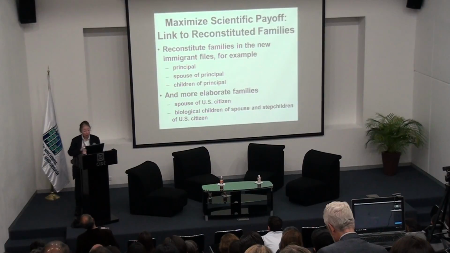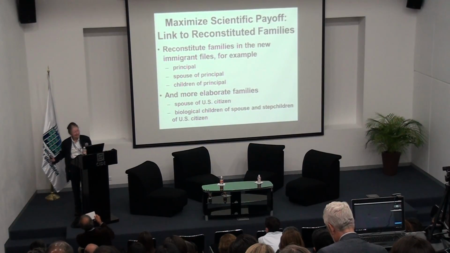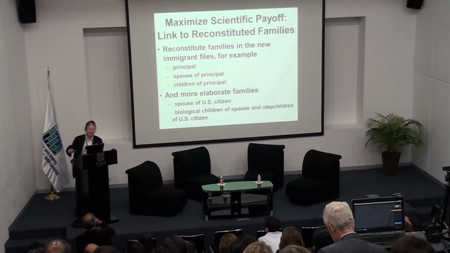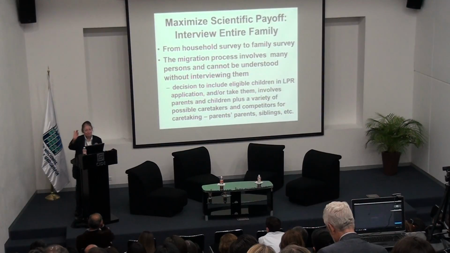And then, of course, more elaborate families, such as you see here, in the case of a spouse with a U.S. citizen visa, who have biological children of the spouse or stepchildren of the U.S. citizen, and the U.S. citizen may have biological children as well. There's some results in the literature about that.